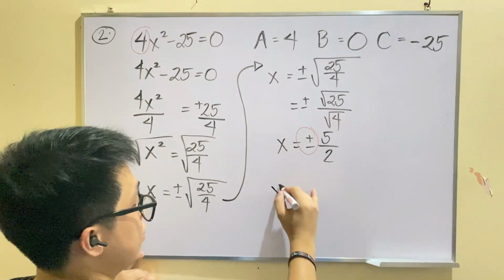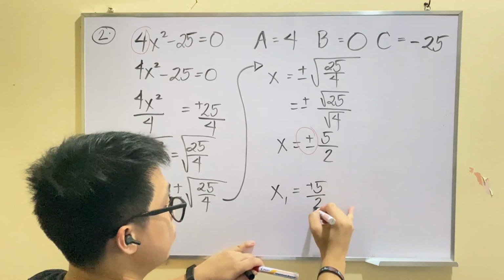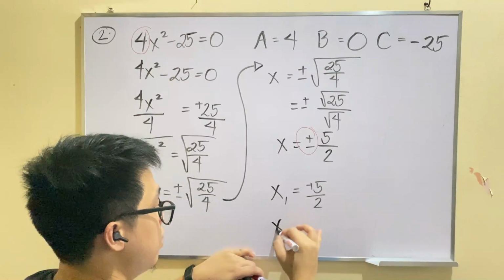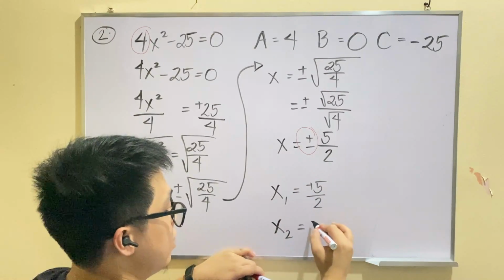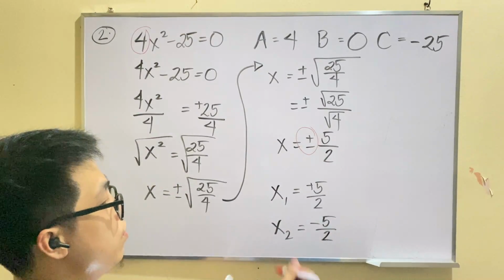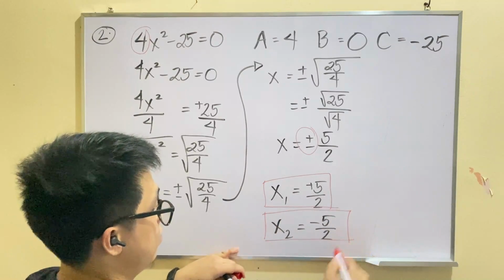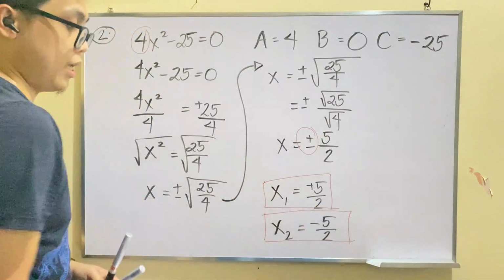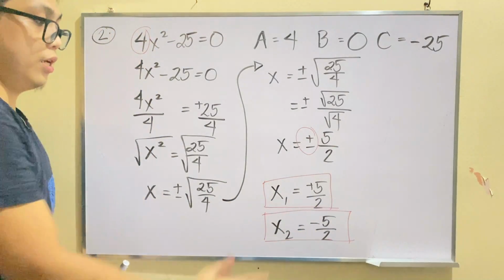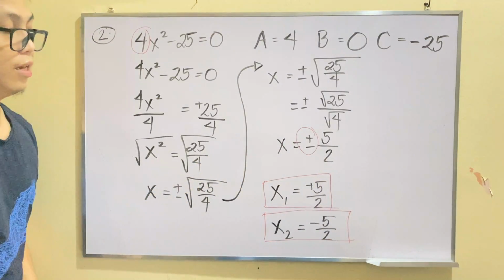Therefore, x sub 1 is equals to positive 5 over 2 and meron tayong x sub 2 which is negative 5 over 2. So, meron tayong 2 distinct roots. Isang positive number and isang negative number. Hindi sila equal. Sila ay magkaibang number. Naintindihan?